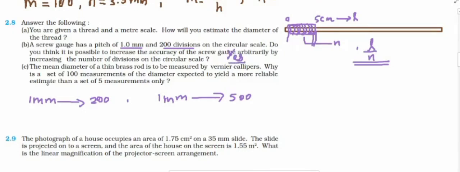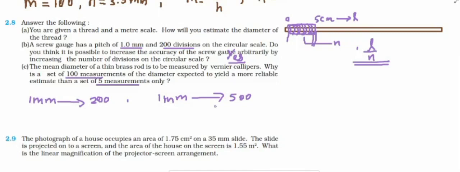Next, the mean diameter of a thin brass rod is to be measured by vernier calipers. Why is a set of 100 measurements of the diameter expected to yield a more reliable estimate than a set of 5 measurements only? You can take 100 measurements or you can take 5 measurements. Do you expect 100 measurements to give a more reliable answer?